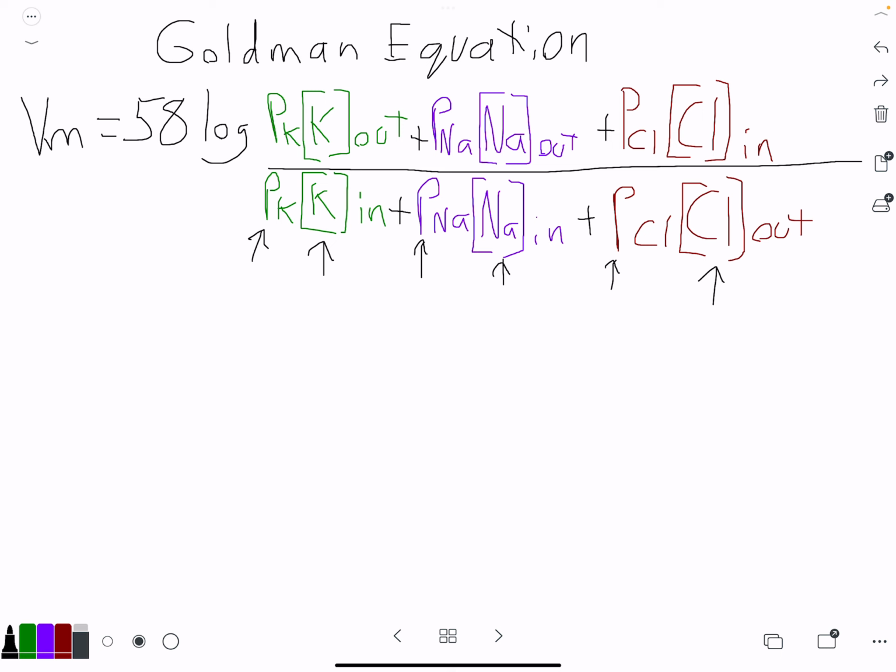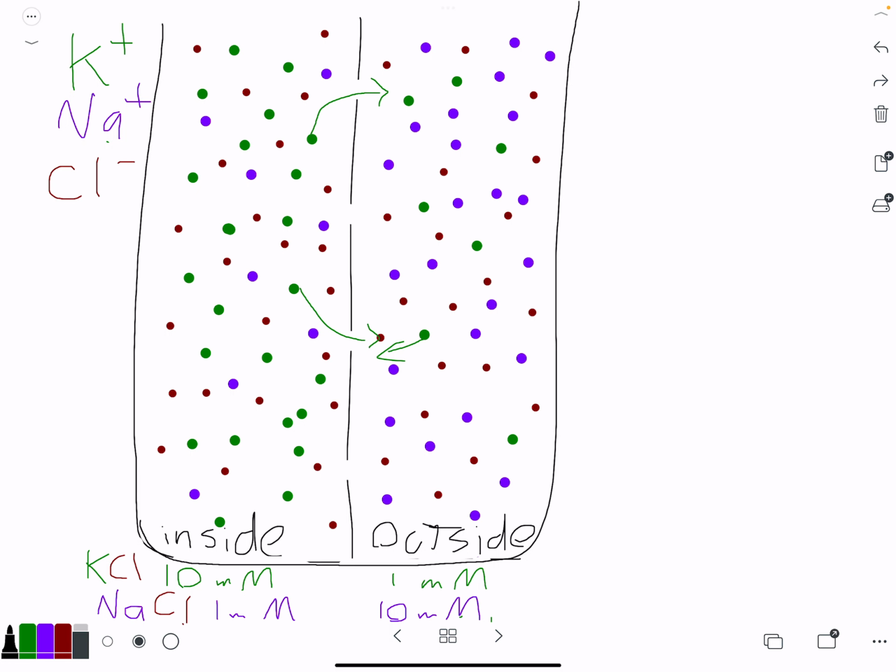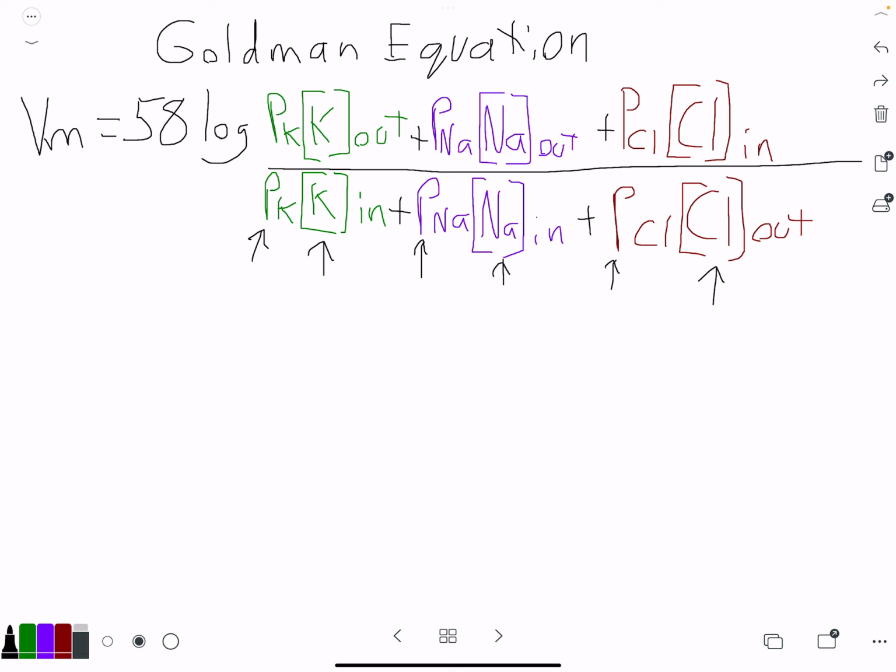Now, going back to our little experiment here, I said before that this is semi-permeable only to potassium. So what does that mean about chloride and sodium? Well, that means that their value for P is 0 because they have no permeability. So 0 times the concentration is 0. Doesn't matter what the concentration is. If the ions can't move across the membrane, they don't contribute to the membrane potential.